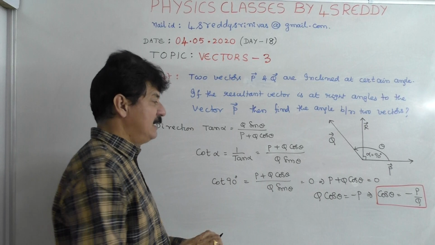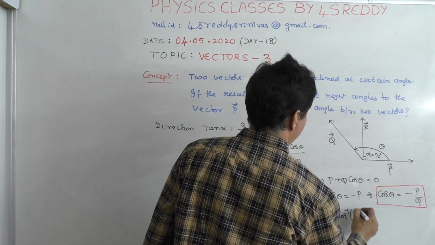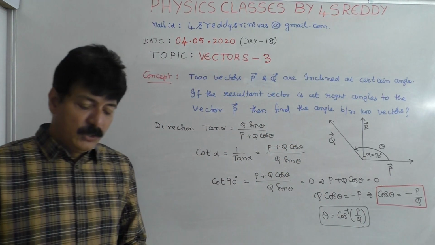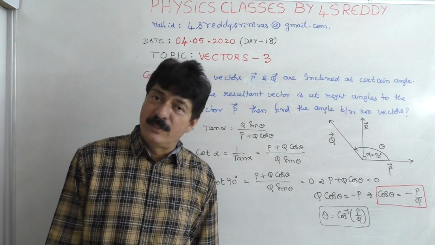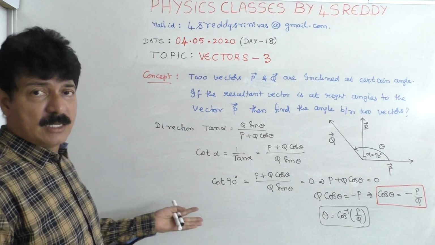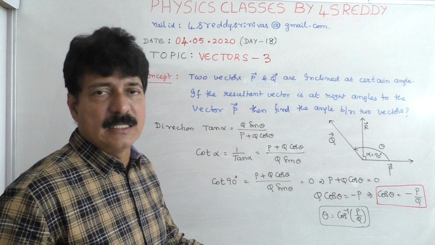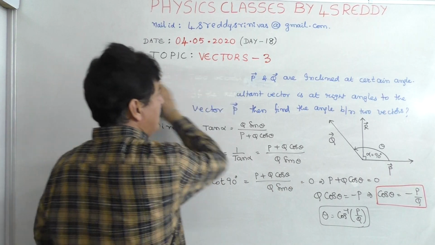And once you get it, then theta is cos inverse of minus P by Q. So, if you know the two forces, straight away you can calculate the angle between the two vectors. For any given numerical values of P and Q, you can easily calculate the angle between the two vectors. And generally it's obtuse.